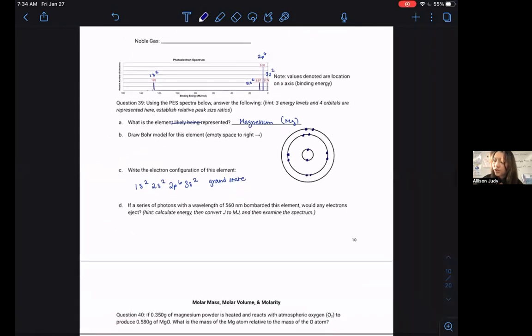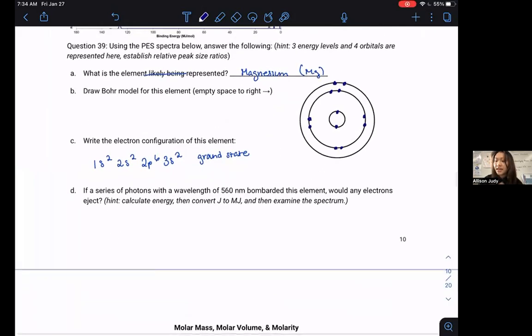So let's calculate the general energy that a 560 nanometer photon would create. So energy equals Planck's constant times speed of light all over wavelength.